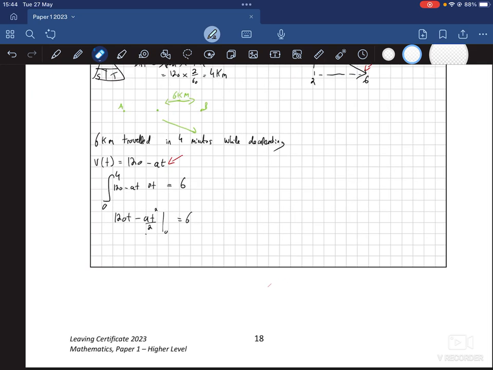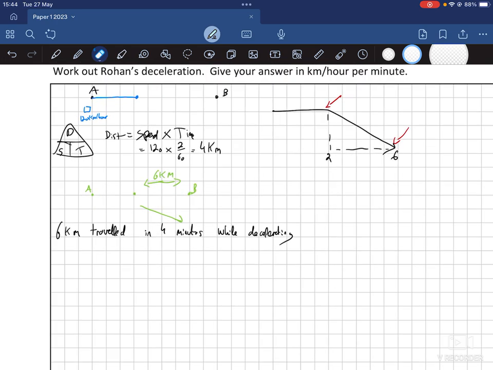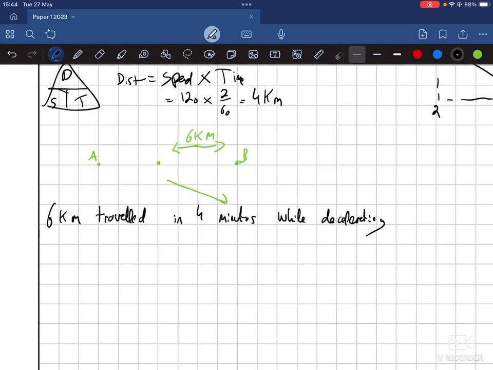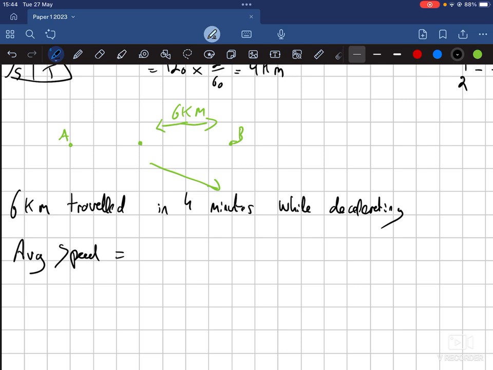Okay, so you actually have to figure out his average speed for these 4 kilometers. Okay, whatever. So we know he travels 6 kilometers in 4 minutes. So that means we can figure out his average speed. So what's speed?